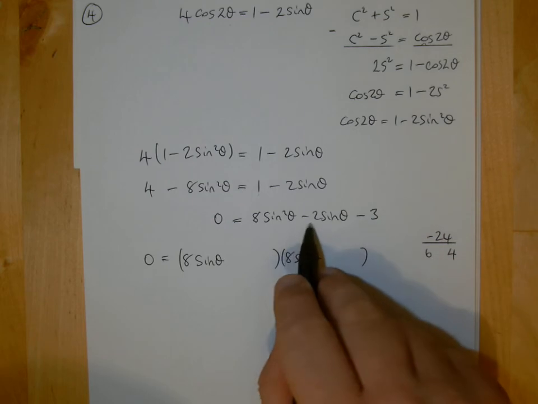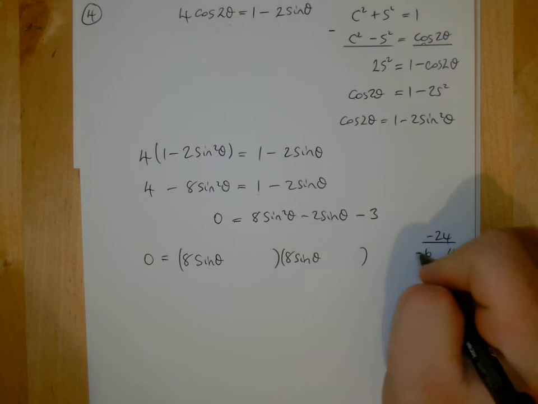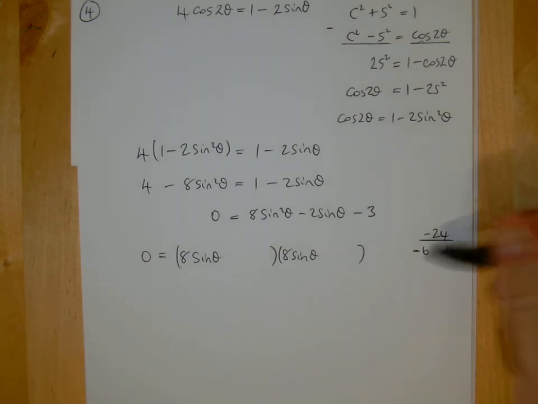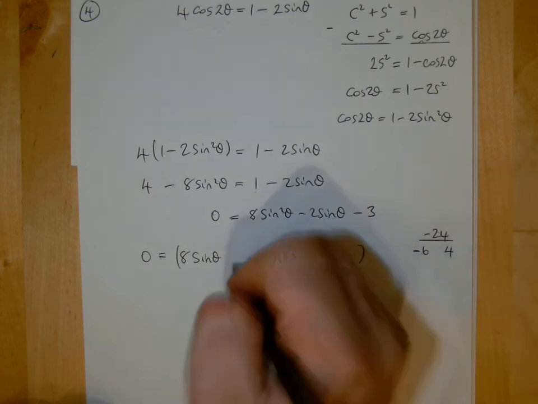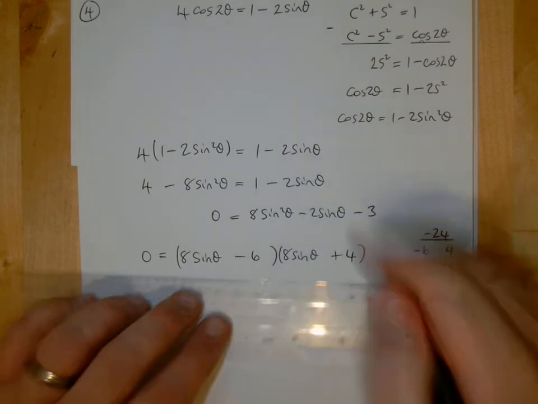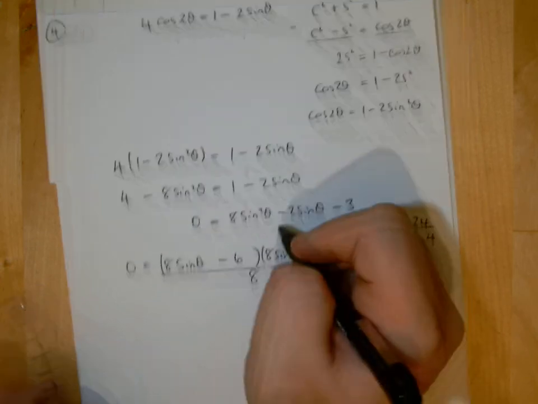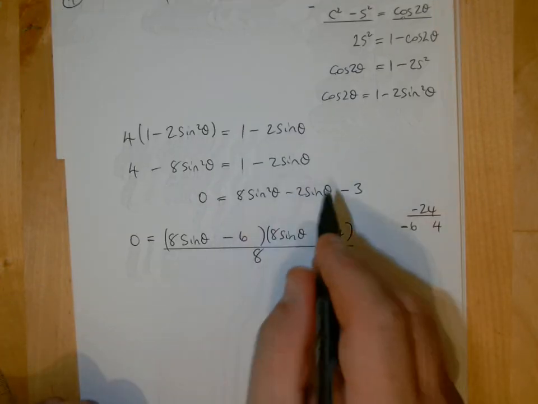For it to add up to give minus 2, you need to put the minus in front of the bigger number. So minus 6 plus 4 will go together to make minus 2, and multiply to give minus 24. We put minus 6 there plus 4. And remember, with this method, don't forget to divide by 8, because we multiplied by 8 there.